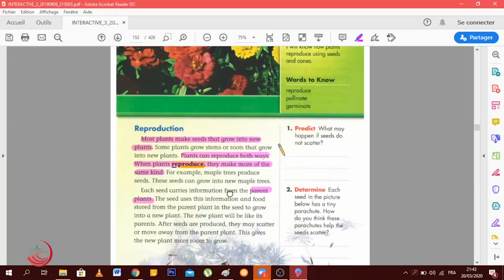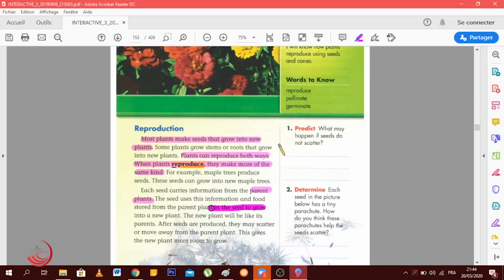So it has a lot of information that tells which tree and which plant it's growing into. The seed uses this information and food stored from the parent plant in the seed to grow into new plants.